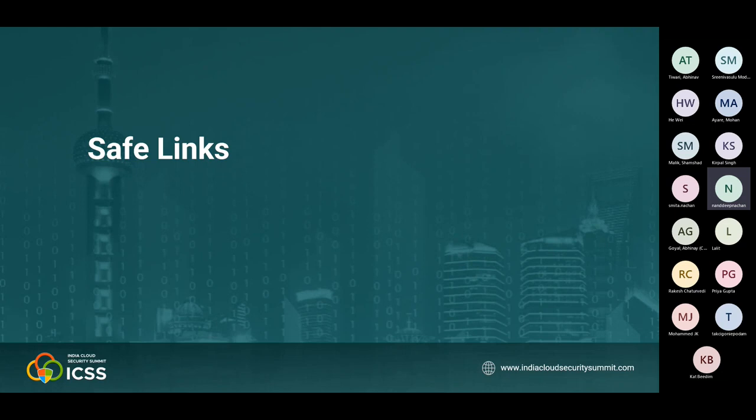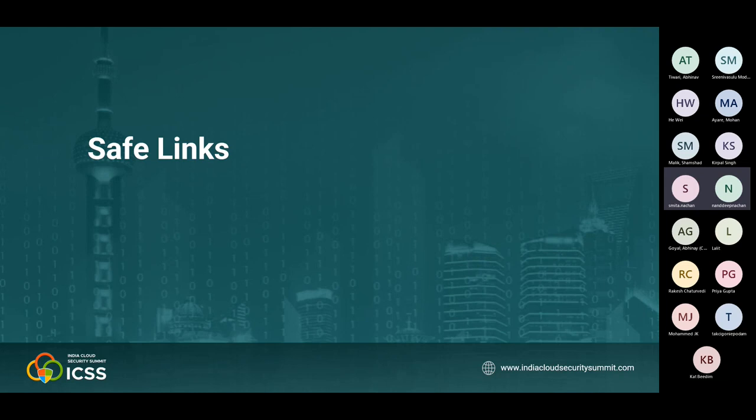Now let's talk about Safe Links. Safe Links is a feature in Defender for Microsoft 365 that provides URL scanning. After you turn on Safe Links protection for Microsoft Teams, URLs in Teams can be checked against a list of known malicious links.